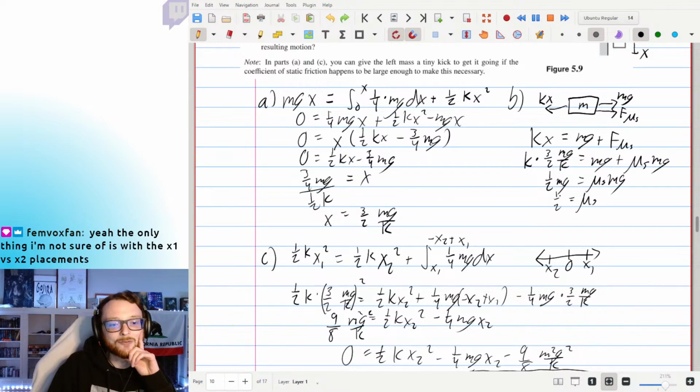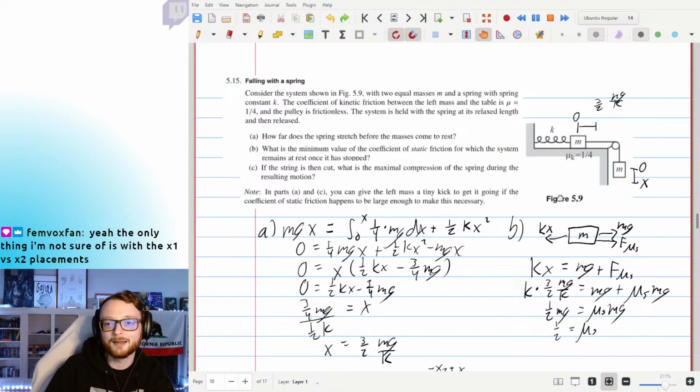Yeah, I feel pretty sketchy on that too, Fembox. It makes these spring potentials a lot simpler. But this integral is really weird. Yeah, I guess this is my 0 and positive x is that way, is what I was thinking.